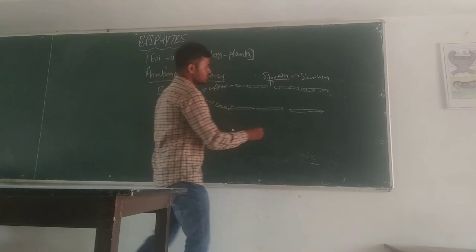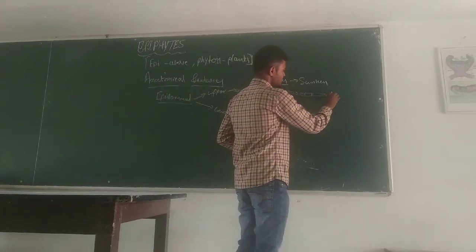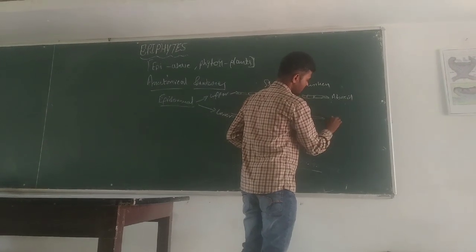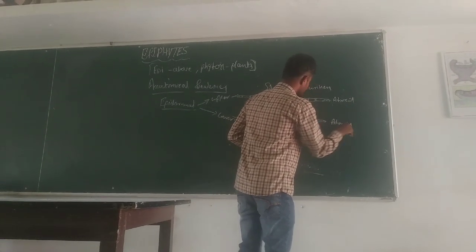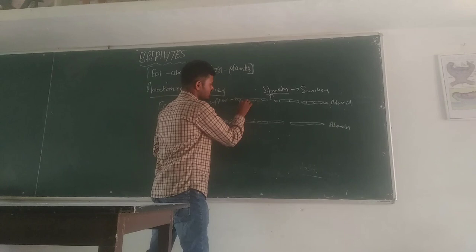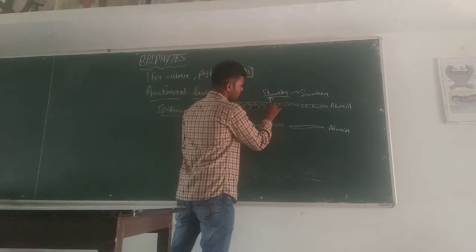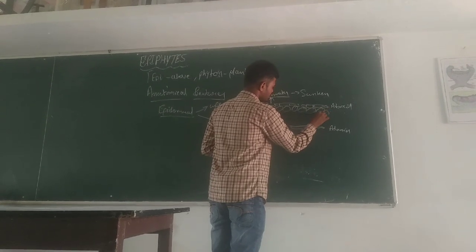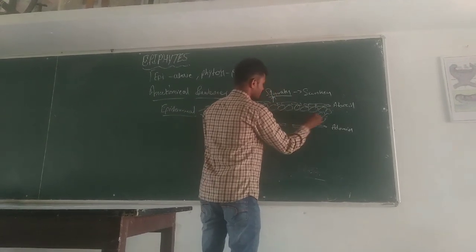Next, in between the abaxial and adaxial surfaces, mesophyll cells are present. These mesophyll tissues are undifferentiated.